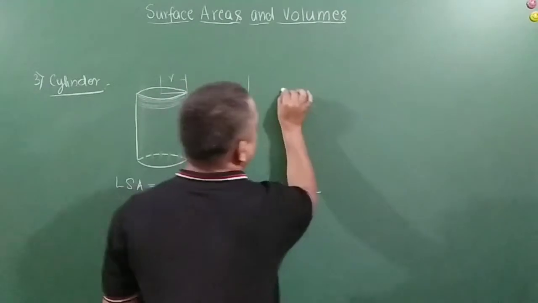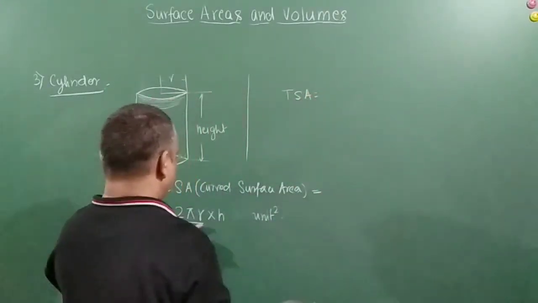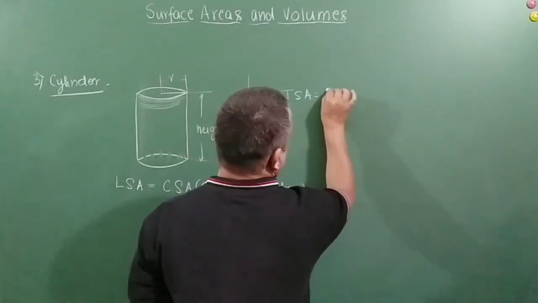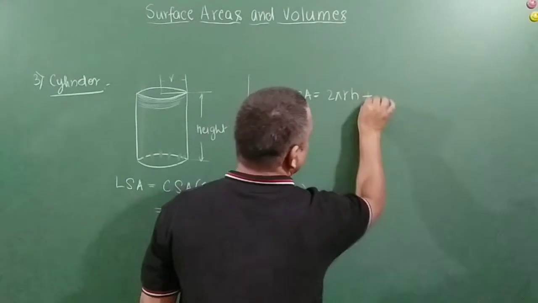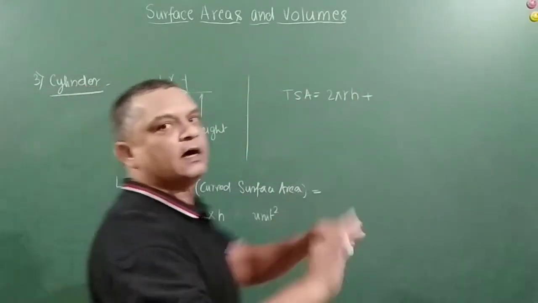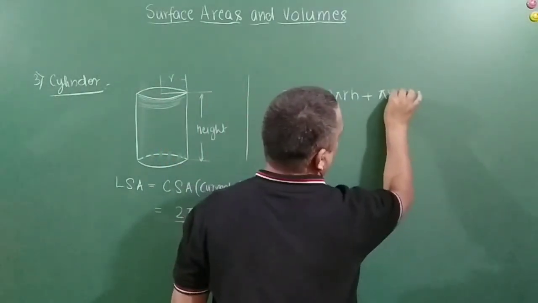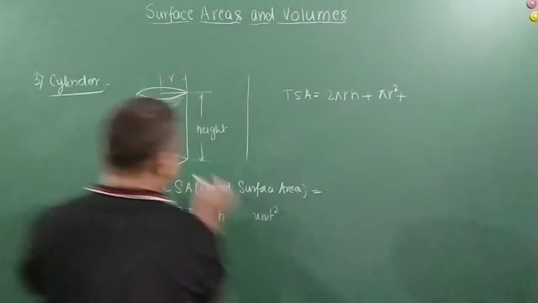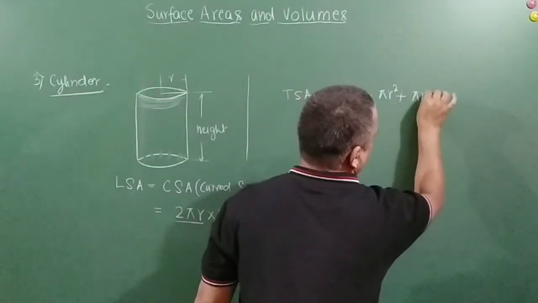Total surface area is equal to curved surface area, that is 2 pi rh, plus area of top, that is nothing but pi r square, plus area of bottom, that is again pi r square.